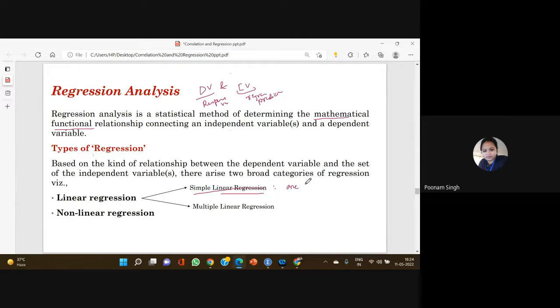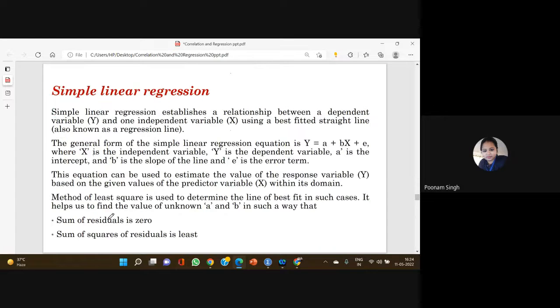And if the relationship between the variables is linear and there are more than one independent variable, then it is said to be multiple linear regression. Non-linear, it is clear from the name. If the relationship is not linear, then the regression is said to be non-linear regression. So we will talk about the simple linear regression and also, in short, the multiple linear regression.